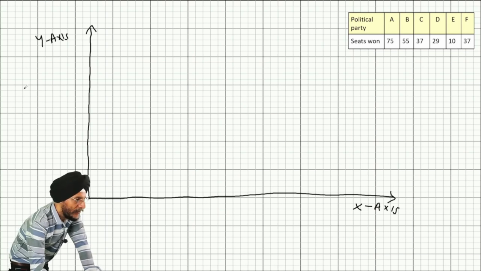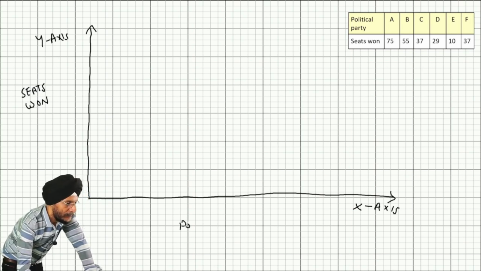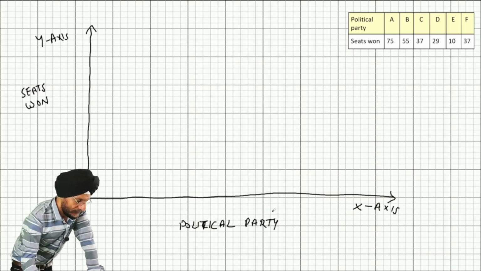We will mention the seats won on the y-axis. Here we will mention the political party. Names of the political parties will be mentioned here.